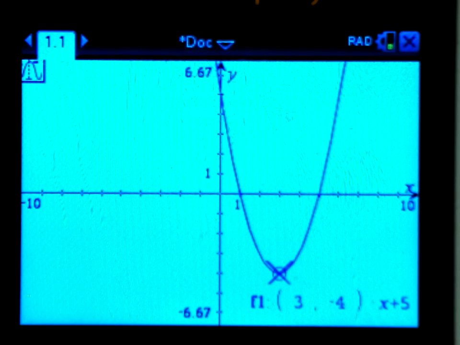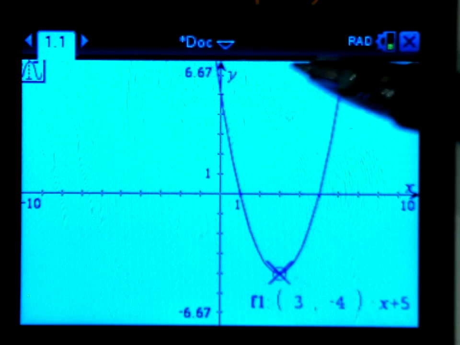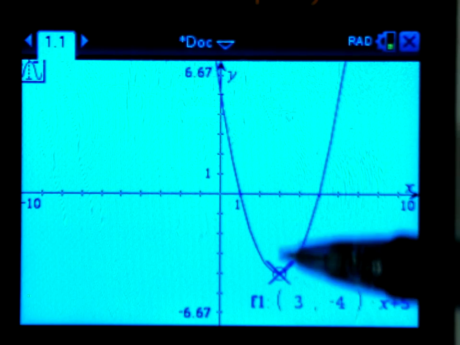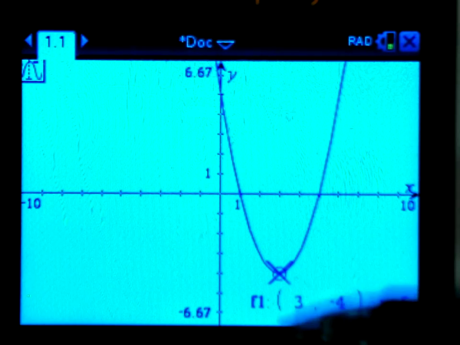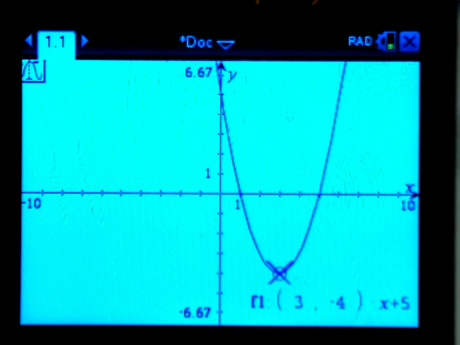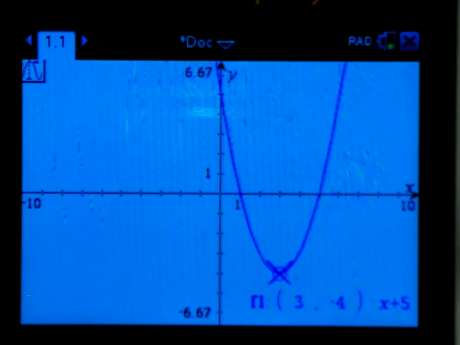Now, if you remember from one of my other videos, the axis of symmetry is an invisible line going right down the center here, right through that vertex, through that minimum point, and all the way down. If we were to fold this graph down this vertical line, these two halves are going to match up exactly.